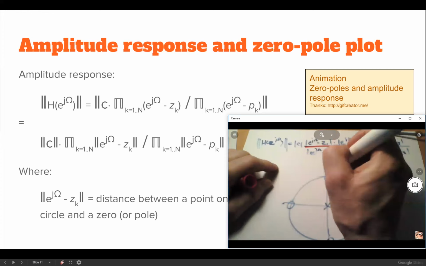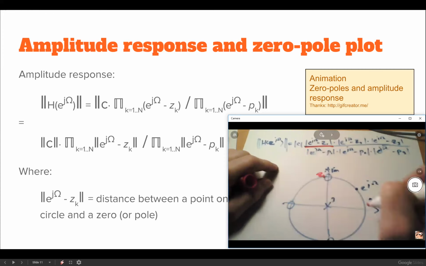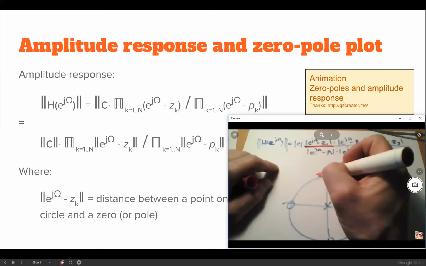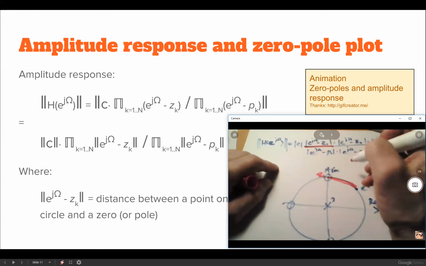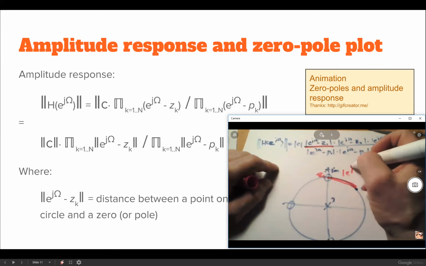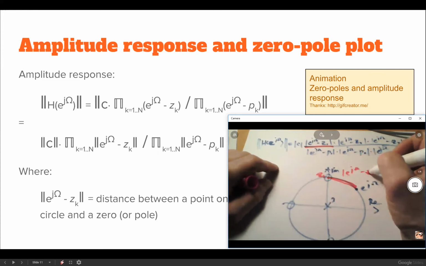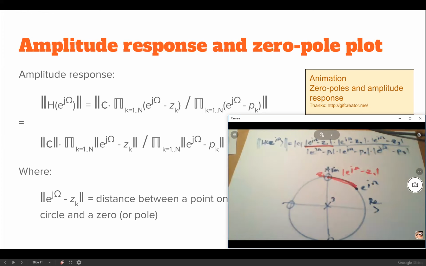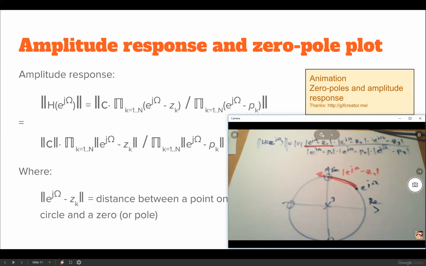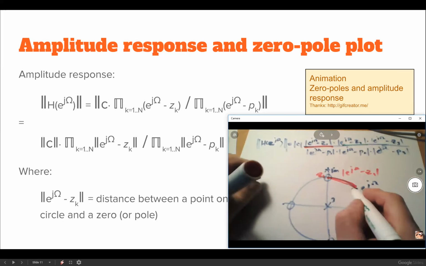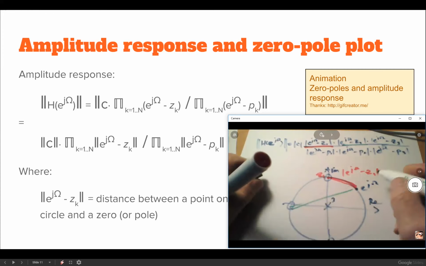If this one was the 0.1 here, that part is the distance of e to j omega minus z1. The next one, for example, here, this would be that distance.